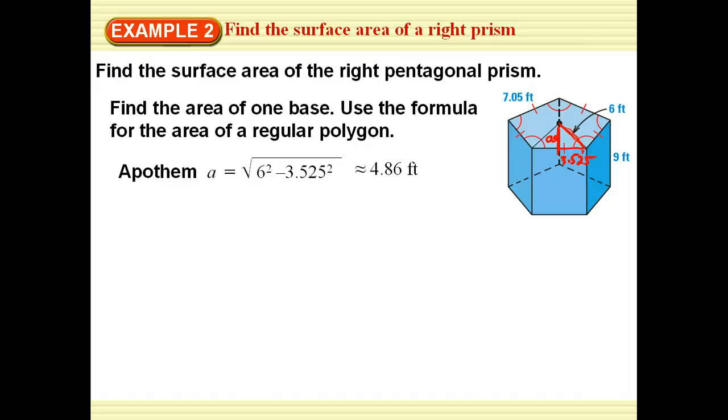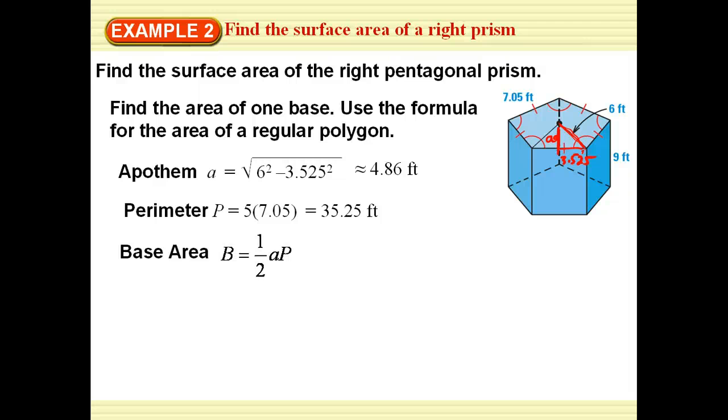And in this case, it comes out to be about 4.86 feet. My perimeter is simply 5 times the length of the side, so 5 times 7.05. So my base area, remember, is 1/2 the apothem times the perimeter. So I plug in my numbers, and it comes out to be approximately 85.66.